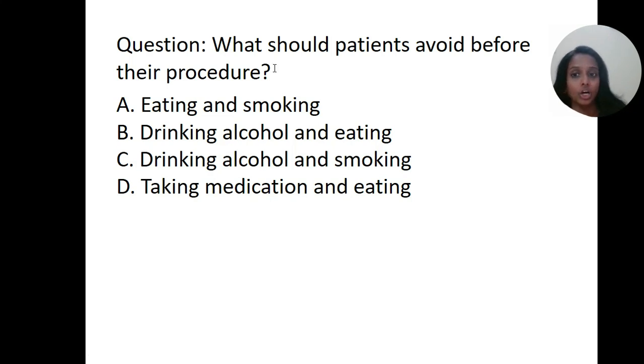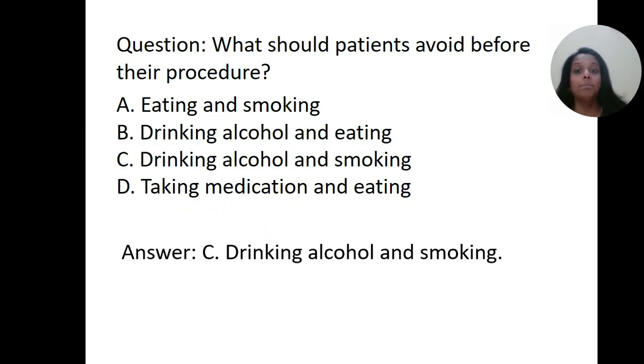Drinking alcohol and smoking. And you also use the elimination technique by removing answers like taking medication or eating and smoking. None of these are mentioned as directly as alcohol and smoking. If you see for drinking alcohol and smoking, that is mentioned directly in the text, in the passage, right?